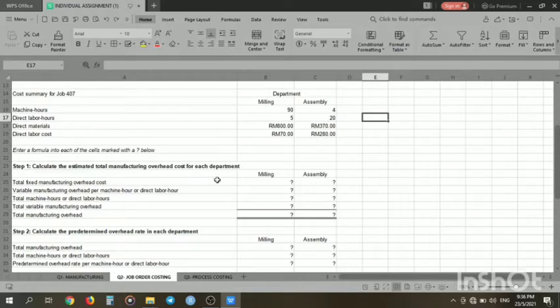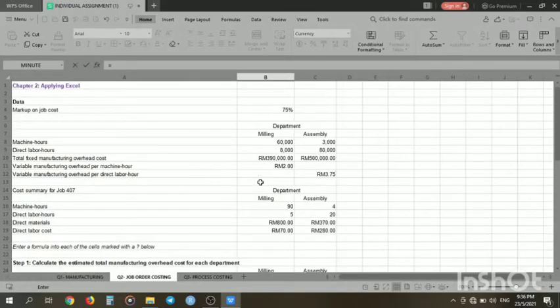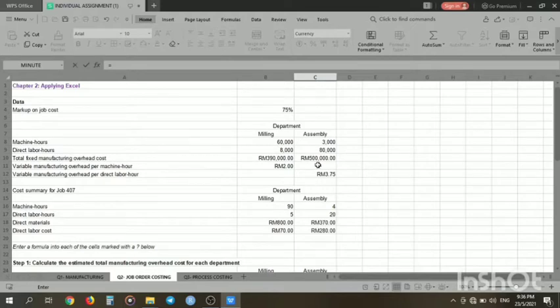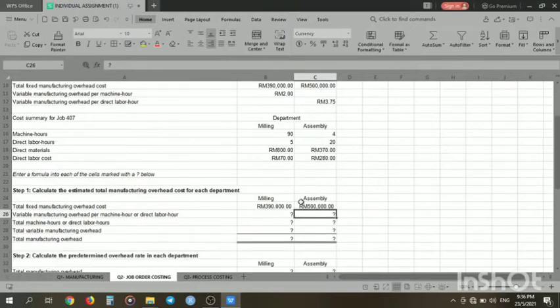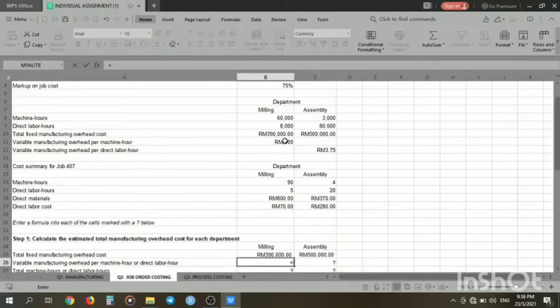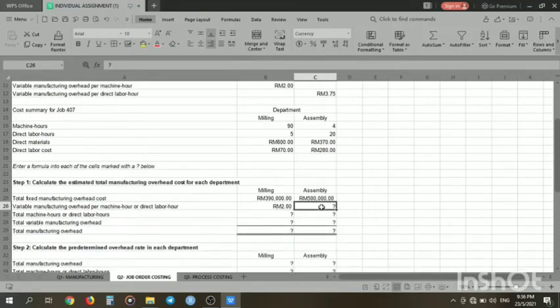For total fixed manufacturing overhead cost, we only took the amount from the data given, 290,000 ringgit for milling and 500,000 ringgit for assembly. For variable manufacturing overhead per machine hour or direct labor hour, the amount for milling should be 2 ringgit per machine hour, and for assembly 3 ringgit 75 cent per direct labor hour.